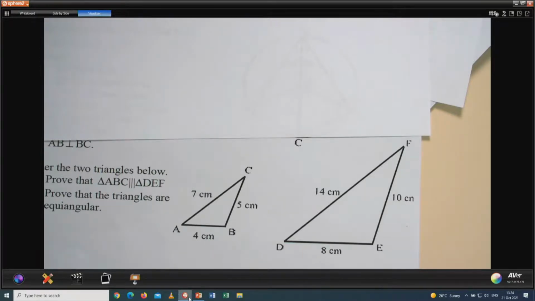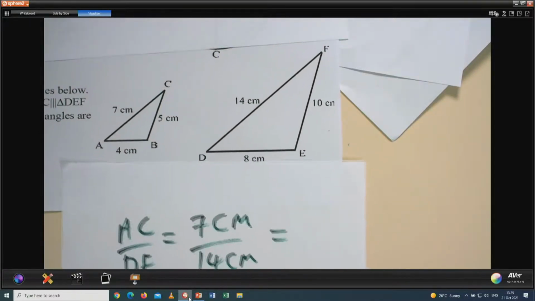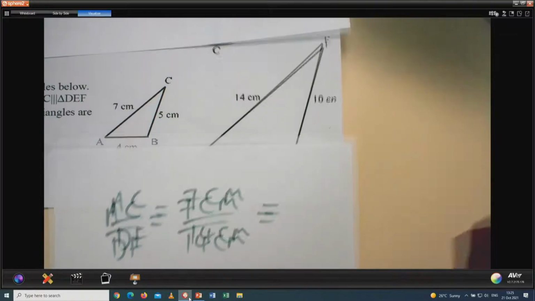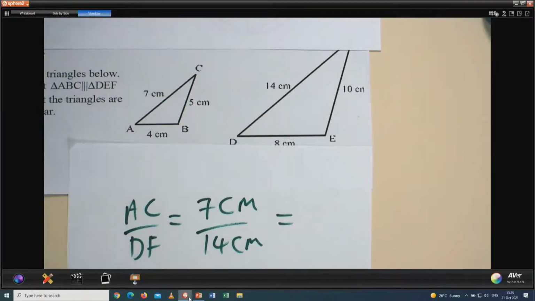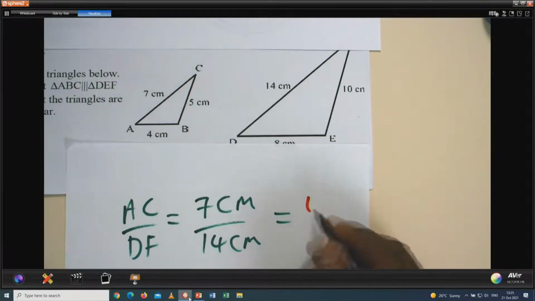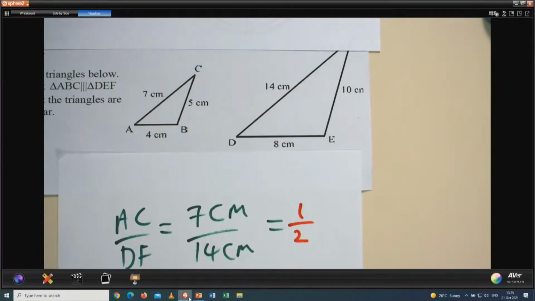AC is 7 centimeters, DF is 14 centimeters. How many 7s into 7? 1. How many 7s into 14? 2. So we've got the first one.